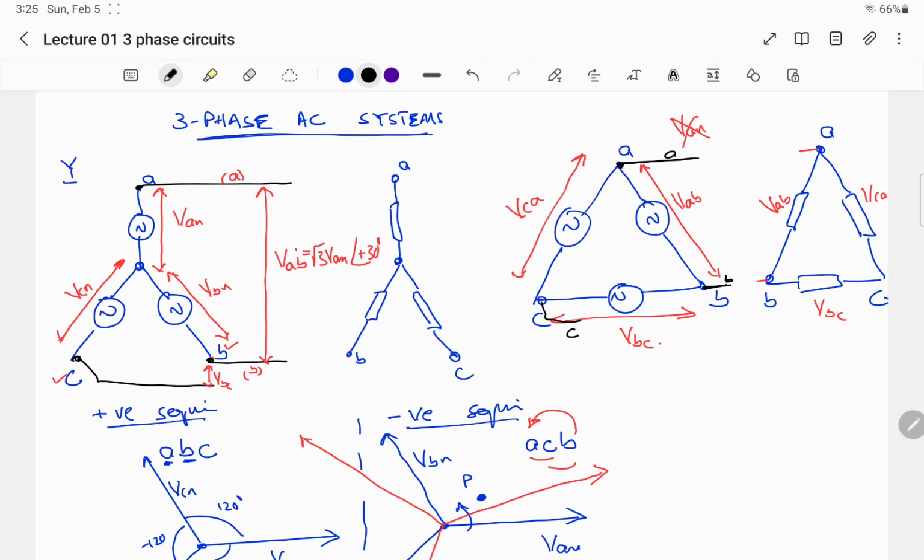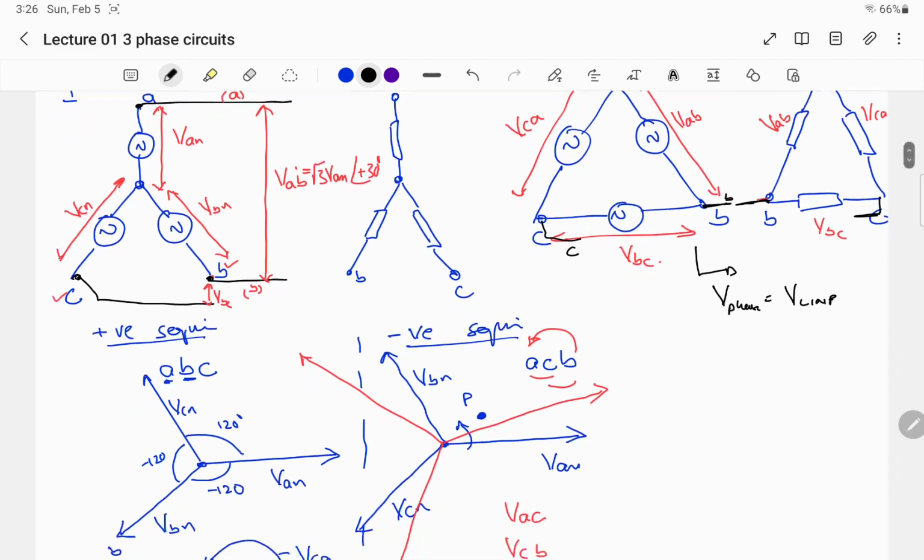Similarly for VBC and VCA. So the phase voltage and the line voltage are the same for a delta load. V phase equals V line, both for the delta source and for the load.